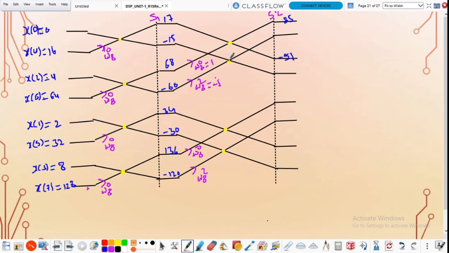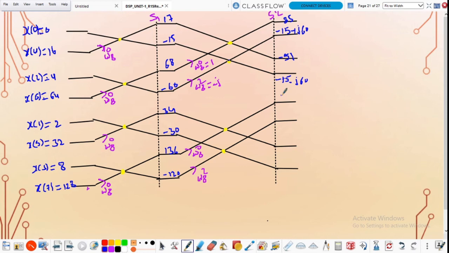So using this butterfly node, calculate the corresponding output values, and this output value is minus 15 plus j 60, and this output value is minus 15 minus j 60. So similarly here also, using this butterfly node, calculate the corresponding output value.